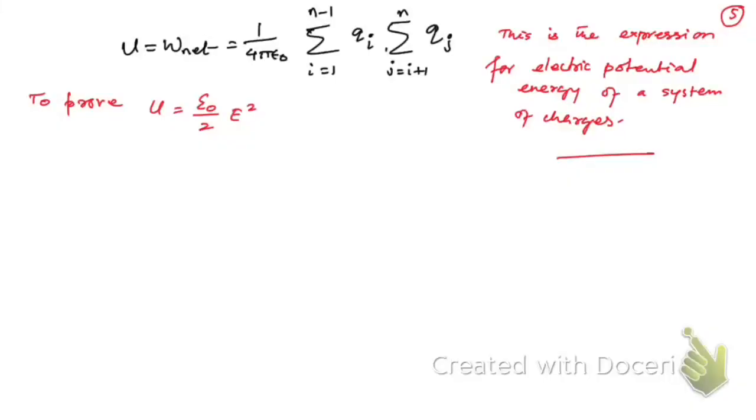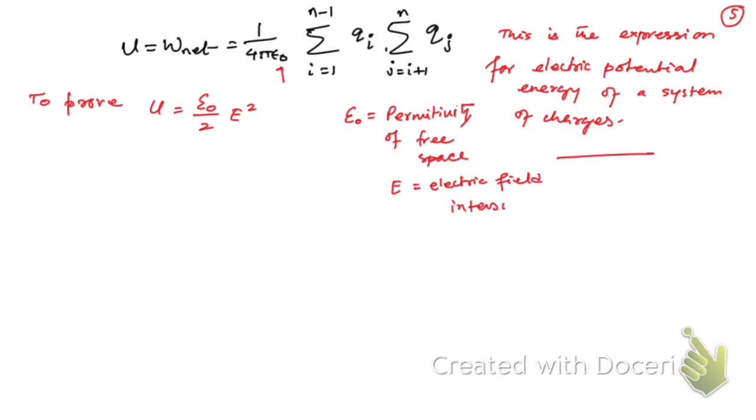I forgot to mention one thing: epsilon naught is the permittivity of free space, and E is the electric field intensity. So now let us prove this one.